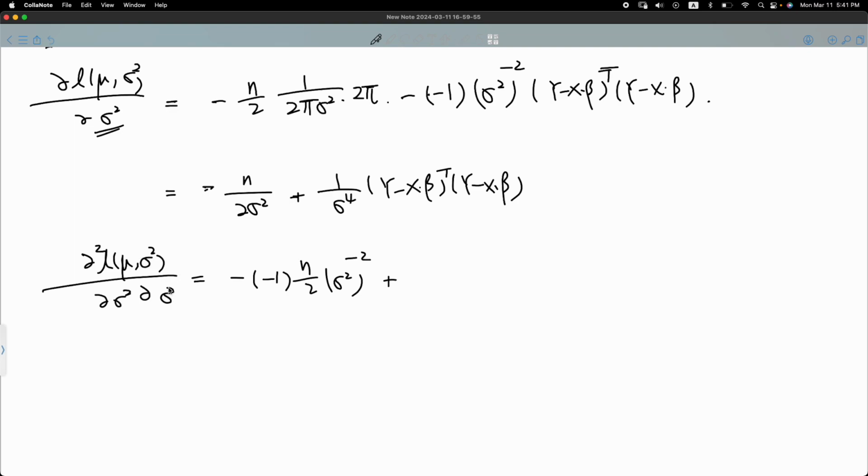Just in case, this one here is actually sigma square raised to the power of -2, and we are taking the derivative with respect to sigma square altogether, so we will need a -2 here, but sigma square raised to the power of -3. It might make a difference if you are taking the derivative with respect to sigma, and will give you some differences here.